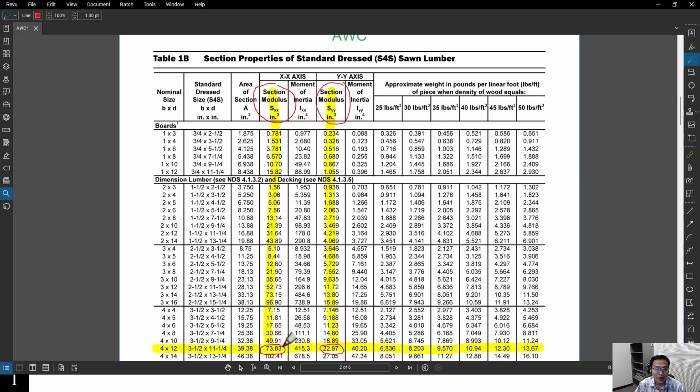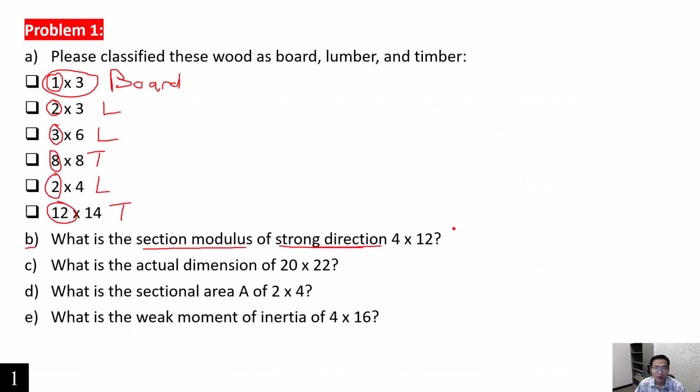So the one we need to look for is this value over here, 73.83 inch cubed. So this one is 73.83 inch cubed.